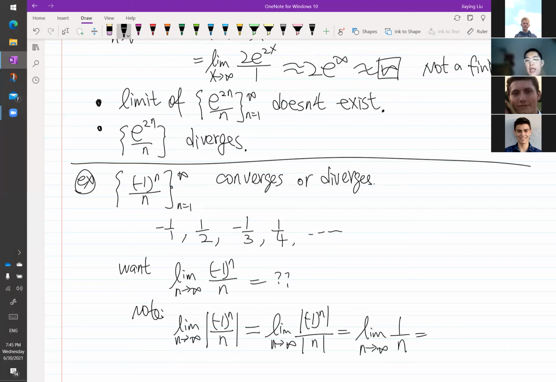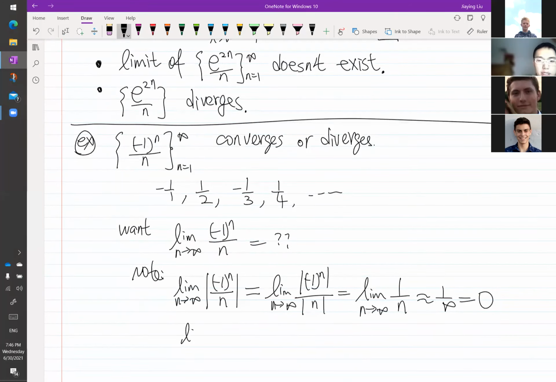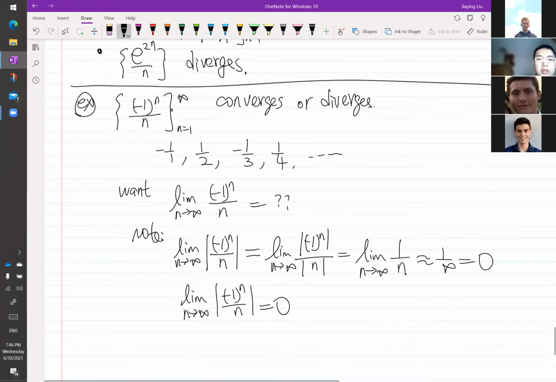What is the limit as n goes to infinity of 1 over n? That is just 1 over infinity, which equals 0, right? So the limit of the absolute value of this function goes to 0. Let me write it down: the limit as n goes to infinity of the absolute value of -1 to the n over n goes to 0.